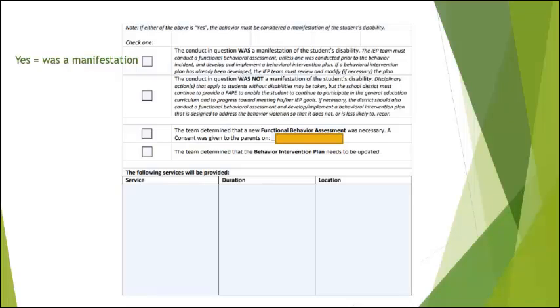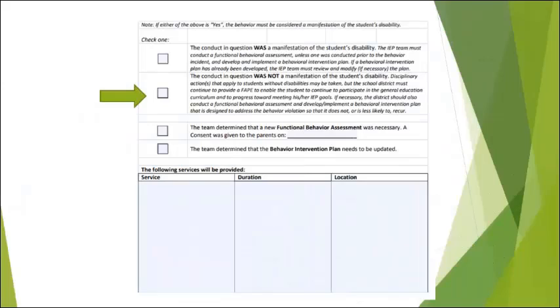The process of updating the behavior plan will take place outside of the manifestation meeting process. If it is determined to be a manifestation of the student's disability, the student must return to school. If the team determines it was not, lastly, the team must discuss and determine the special education services that will be provided for that student.